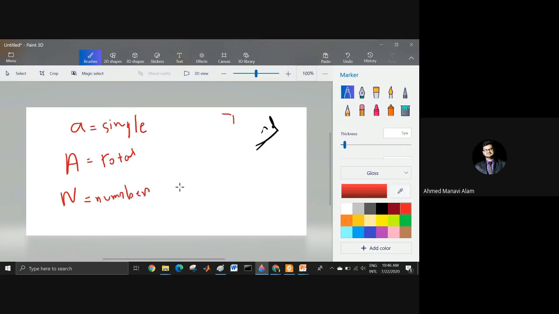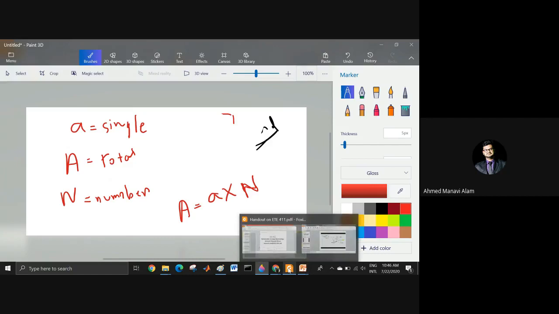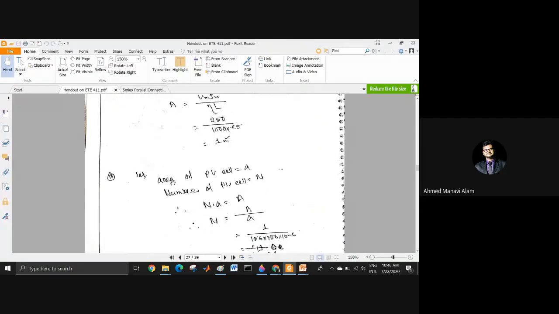Now I hope with your common sense you can write the relation between these three. Total area is equal to single area into number of PV cells. You should be able to do this with common sense, from the apple analogy. So n into a equals A.